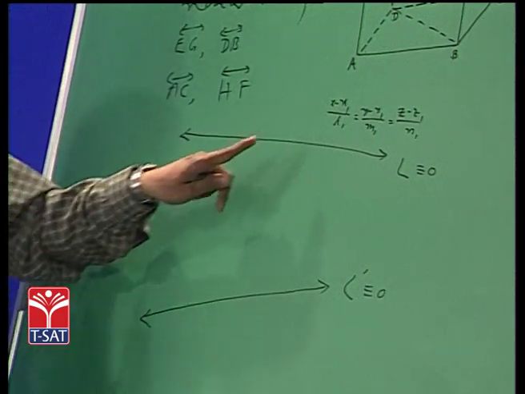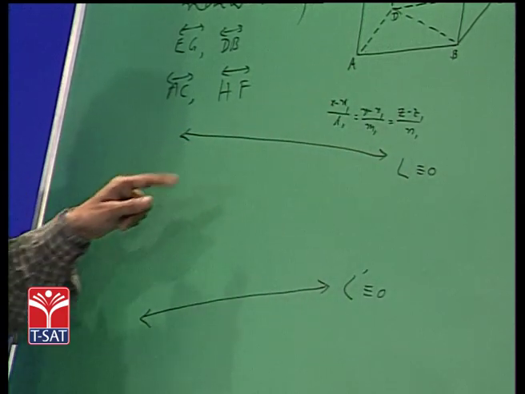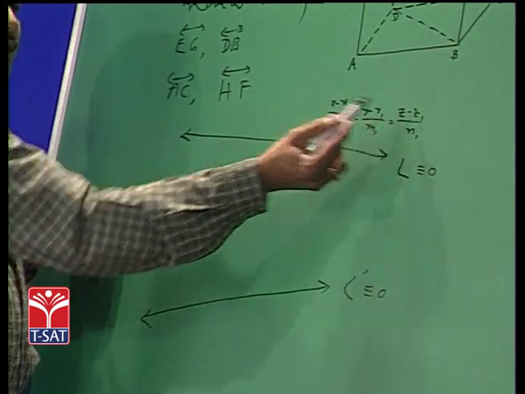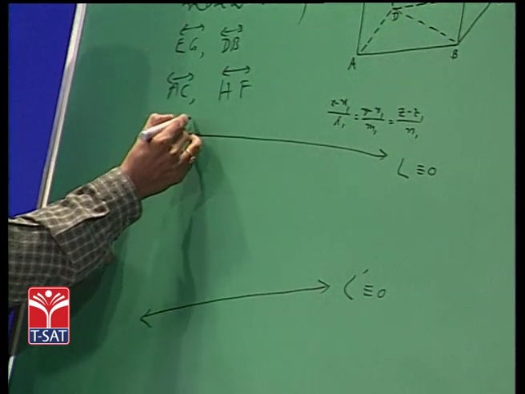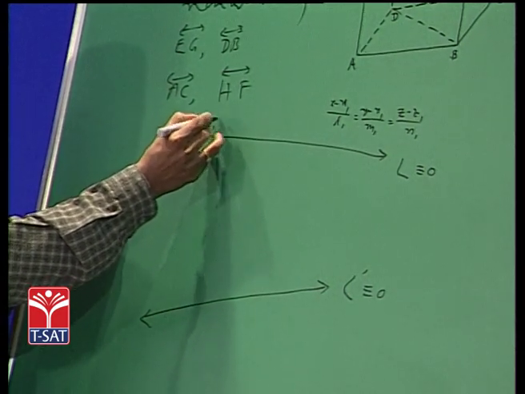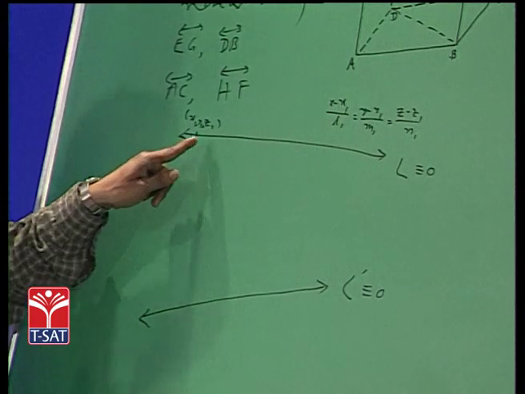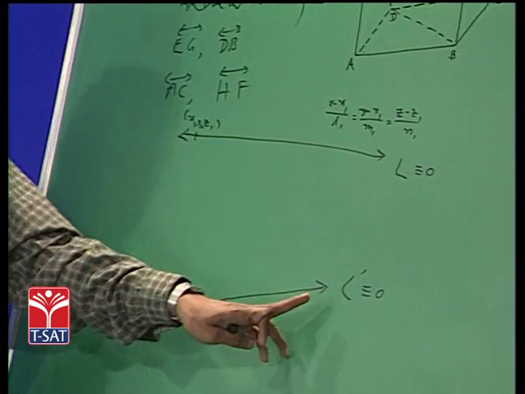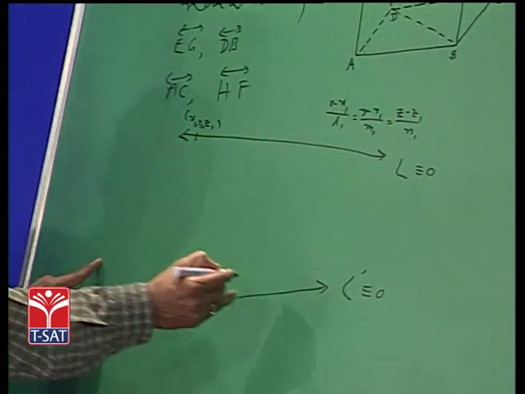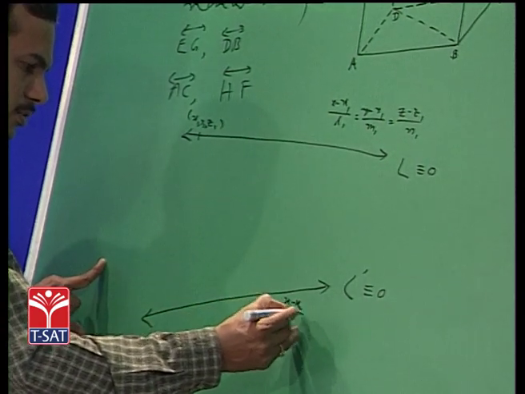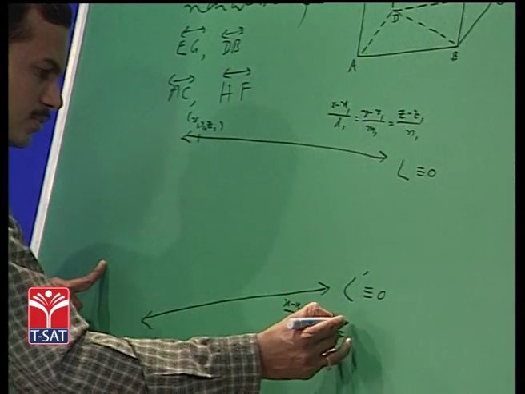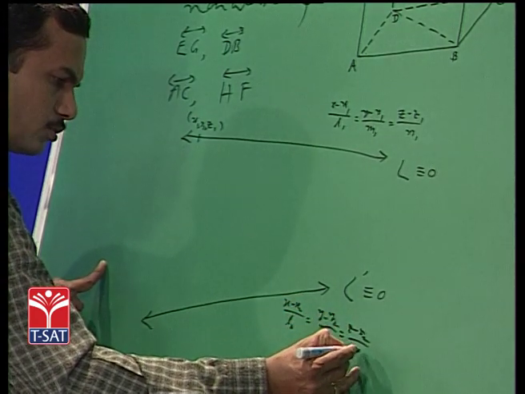Here this is a straight line passing through the point having the coordinates x1, y1, z1. Say this is that point, and the direction ratios of this straight line are l1, m1, n1. Let us say the line L dash equal to 0 is of the form (x minus x2)/l2 is equal to (y minus y2)/m2 is equal to (z minus z2)/n2.